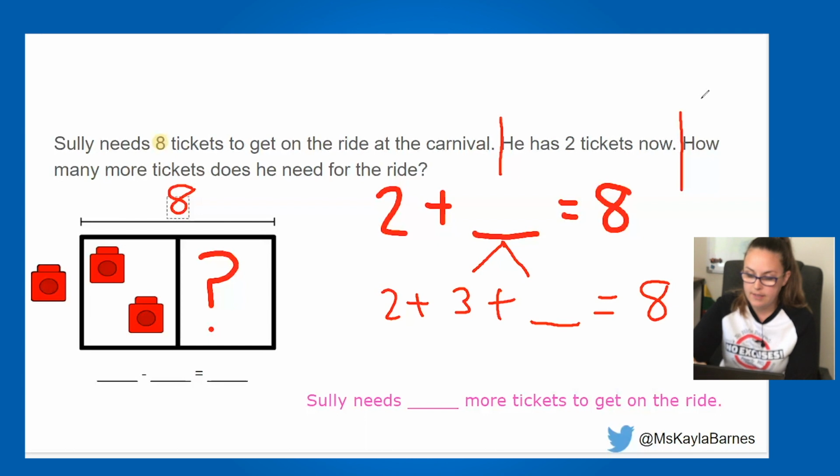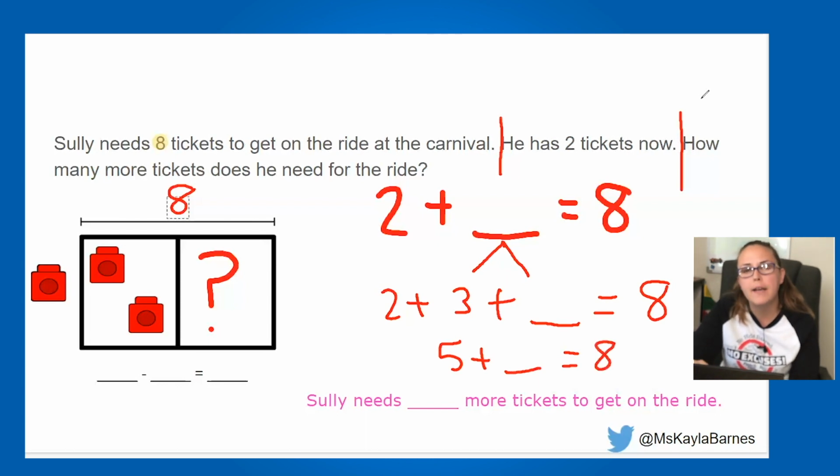Well, now I can see that 5 plus something else equals 8. Well, how do we get from 5 to 8? That's right, we add 3. So 5 plus 3 equals 8, which means if we go back up, 2 plus 3 plus 3 equals 8.